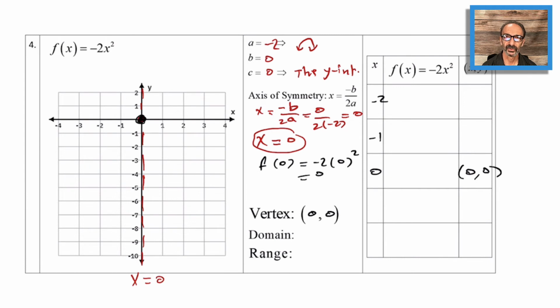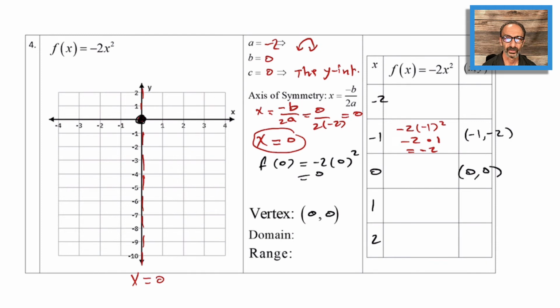-1 going to the left of it 1 unit, and -2 2 units to the left, then 1 unit to the right, and 2 units to the right, 1 and 2. If you take your time, plug in -1, that's going to be -2 times -1 to the second, but -1 to the second is +1. So it ends up -2. So the ordered pair is -1, comma, -2.